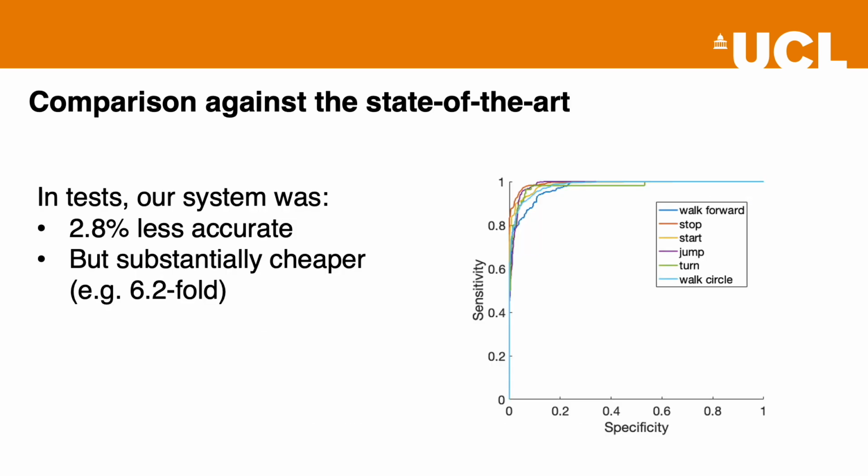Comparing our system against the state of the art, we found that we were around 2.8% less accurate. This is as you would expect, because the other systems have access to the fully processed 3D mesh. They have more information available to make their comparisons. So we were expecting a small drop in accuracy. But our system is substantially cheaper.